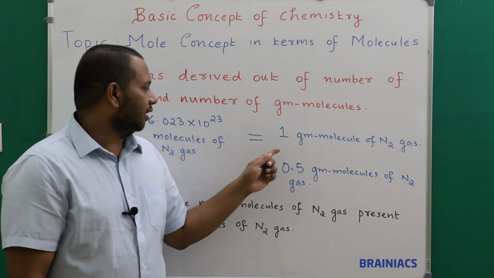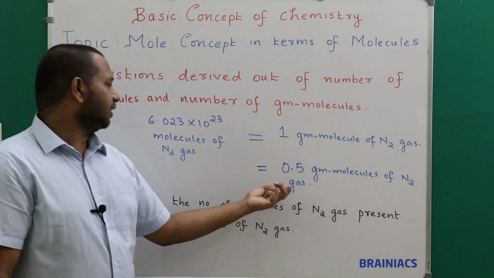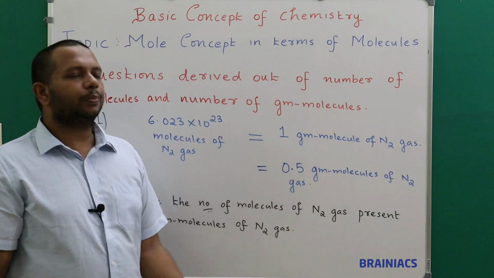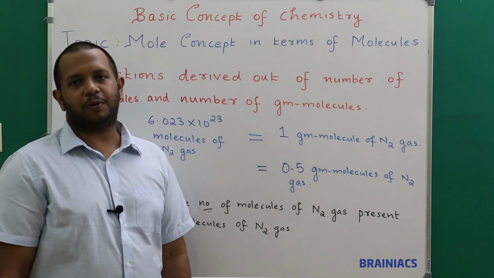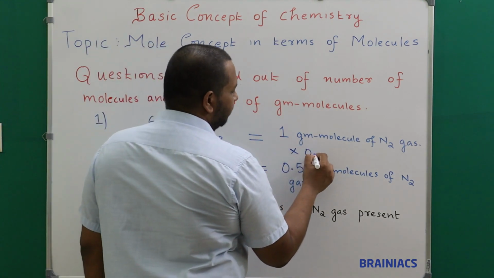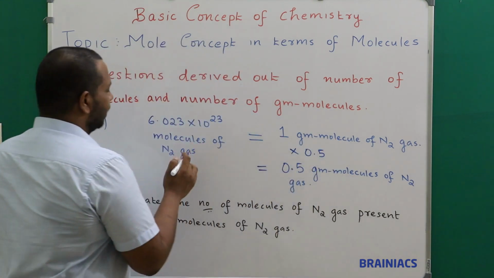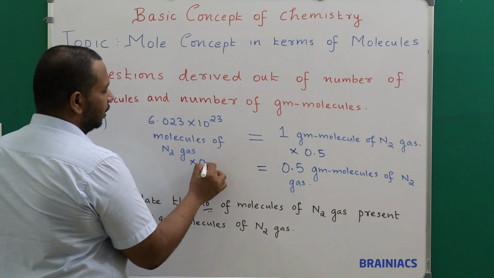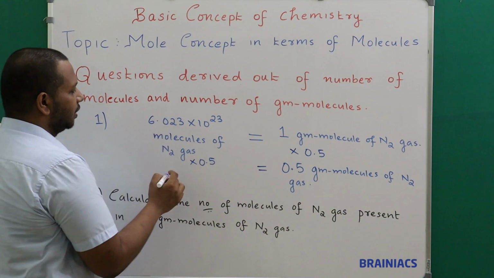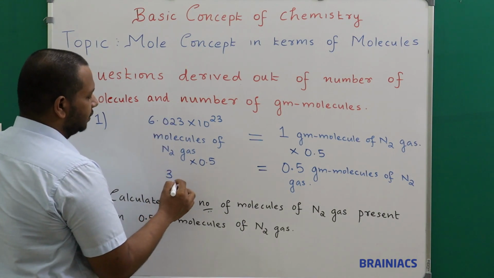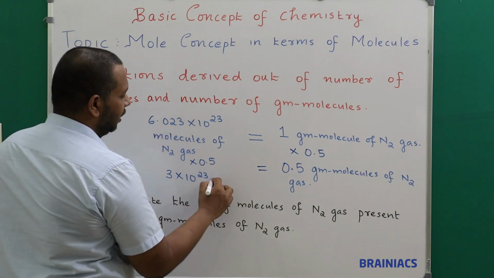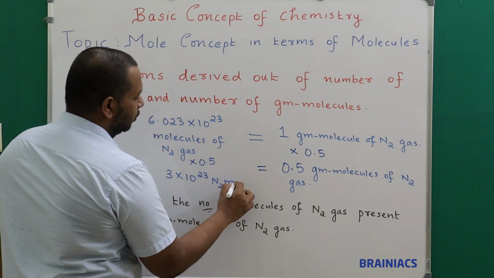They are asking you: 0.5 gram molecules of nitrogen gas will have how many molecules of nitrogen gas? So how to convert 1 to 0.5? Multiply by 0.5. Correct. So do the same thing over here, multiply by 0.5. When you multiply with 0.5, this will become approximately 3 into 10 power 23 N2 molecules.